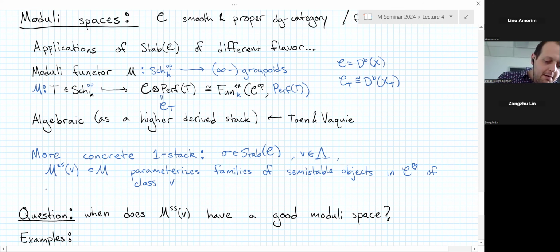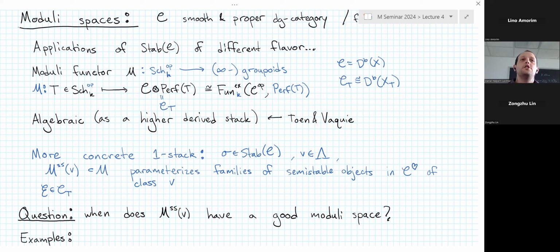If I have some family E in the base change C_T, I can restrict it to every point in T. For simplicity, if K is algebraically closed, you just get a bunch of objects in my original category for every closed point in T, and I consider only families where each of those objects happens to be semistable and lies in the heart of the t-structure for the stability condition.